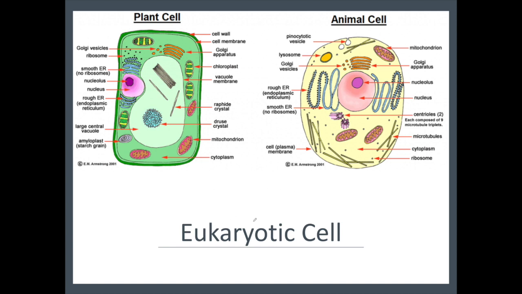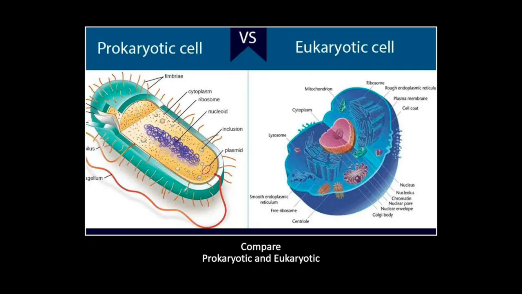Now, I'm not going to go over all of the parts and function of eukaryotic cells. You should already know that from your anatomy courses, but you do need to review particularly animal cells. Plant cells we're not going to cover too much in here.